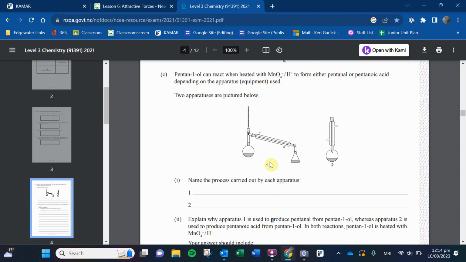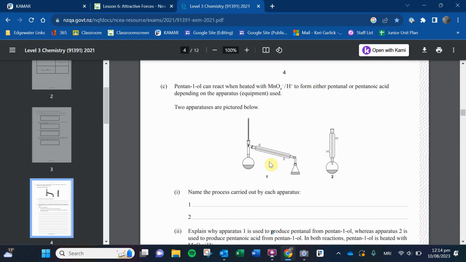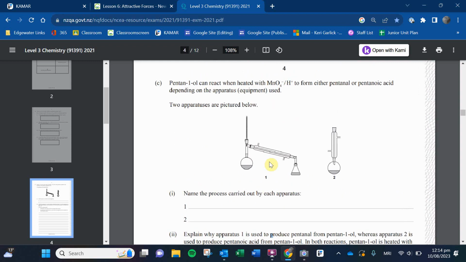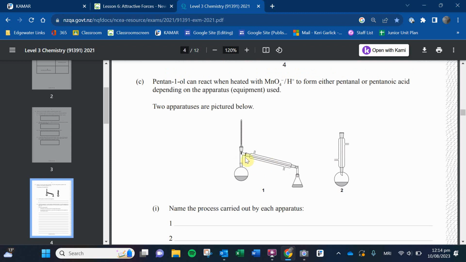So I've selected the 2021 exam, but this one's the organic one. And you can see that they have the pictures of the apparatus that we've just talked about. And they're talking about pentan-1-ol, so a primary alcohol can be heated with the potassium permanganate, which is an oxidant. It can form either pentanal, which is our aldehyde, or propanoic acid, which is our carboxylic acid.